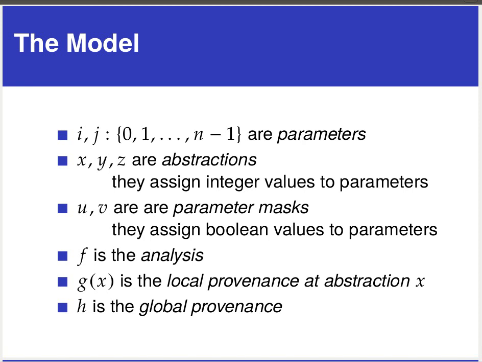Abstractions assign integers to parameters, and we're also going to have Boolean assignments, to which I'm going to refer using the name parameter masks sometimes because of how they are used. And finally, there's 3 more concepts that are going to be detailed on the next slide. F standing for the analysis, G of X for the local provenance at some particular abstraction, and H the global provenance.